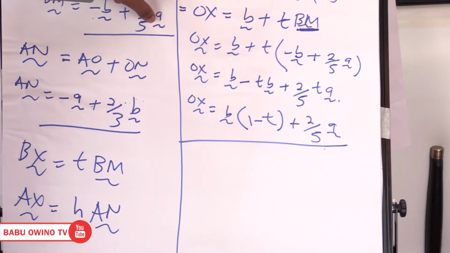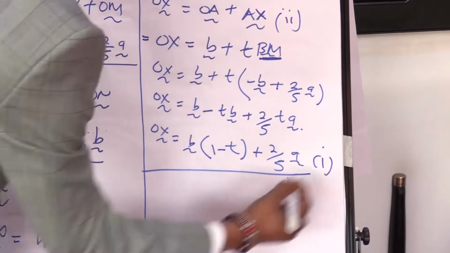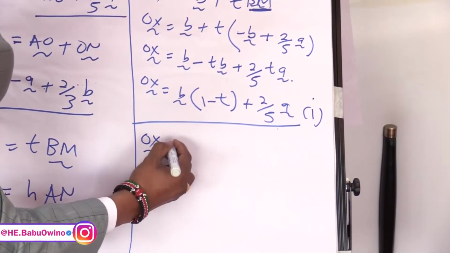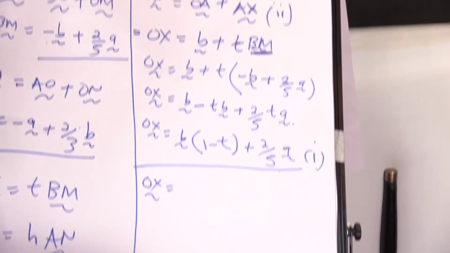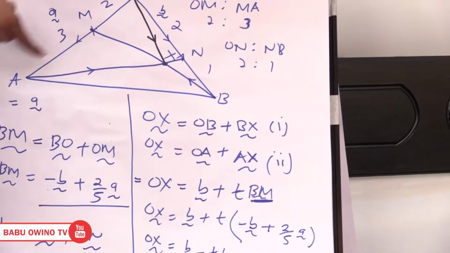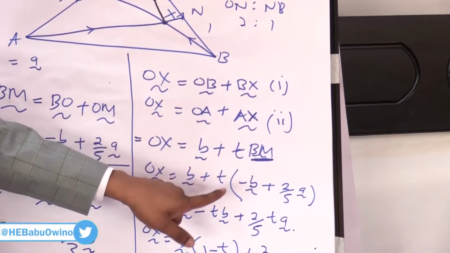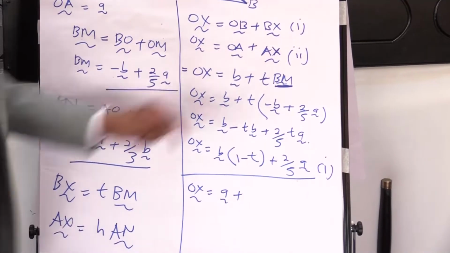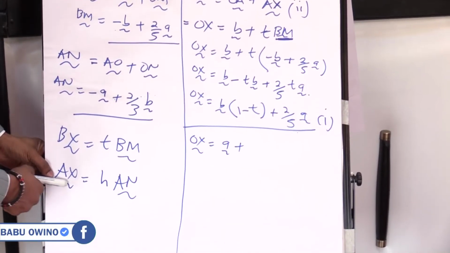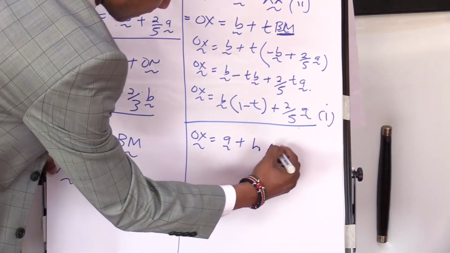Then again use this other route for OX. So this is 1, then again OX for 2. The second one, OX is OA plus AX. OA is A. AX is given here as H of AN.